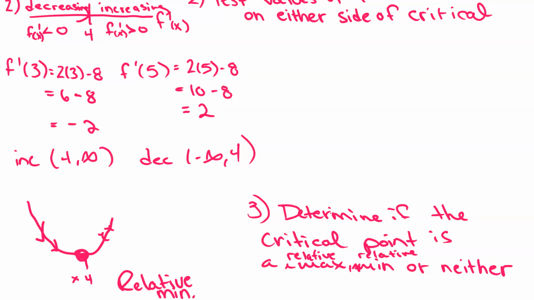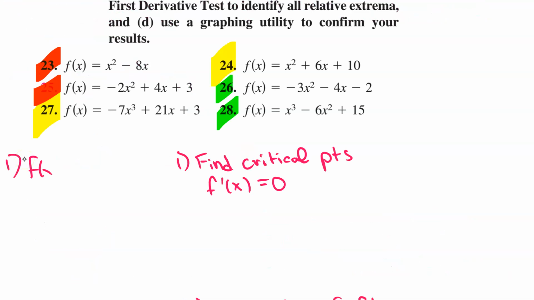Because we switched from a first derivative of negative to a first derivative of positive, so going down to going up. Now we've got a different function to consider. Negative 2x squared plus 4x plus 3.